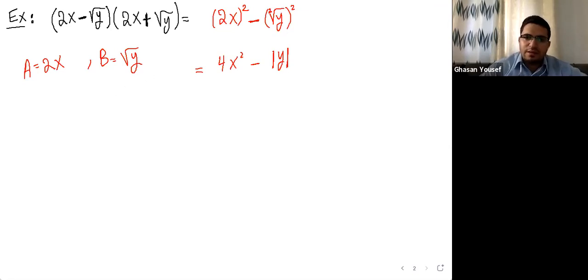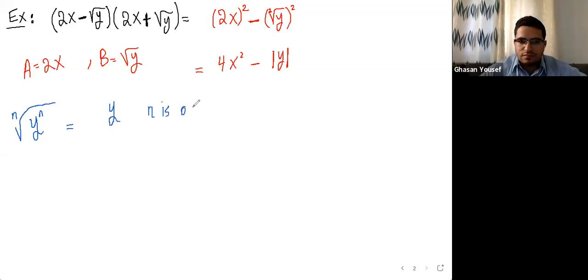Like I said last time, if I see something like y to the power n, and I have the nth root, this is equal to two things: y, if n is odd, and the absolute value of y, if n is even.